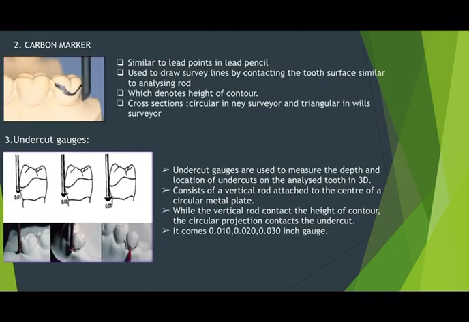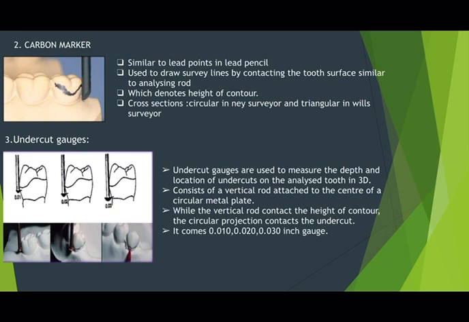Let's move on to the carbon marker. It is similar to lead points in a lead pencil, used to draw survey lines by contacting the tooth surface, similar to the analyzing rod. It denotes the height of contour. In cross section, in the Nace surveyor, it is circular, and in the Will surveyor, it is triangular. Then let's move on to undercut gauges. The undercut gauges are used to measure the depth and location of undercut on the analyzed tooth in 3D.